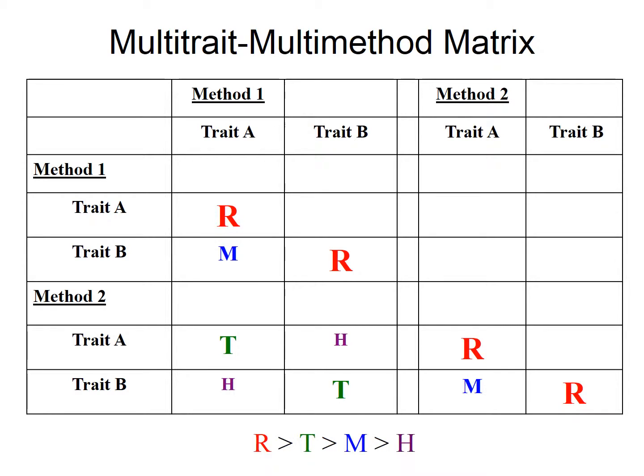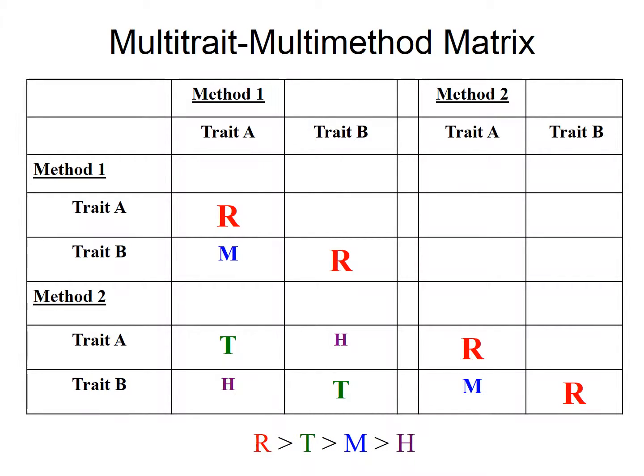And again, the highest correlation we'd expect here is 1.0, the lowest would be 0. Next, we would expect some relationship based purely on the method you're using. Self-report and self-report, regardless of the construct. So these again should be lower than both the T and the R boxes, but still higher than the final box, which is H. Different method, different construct.